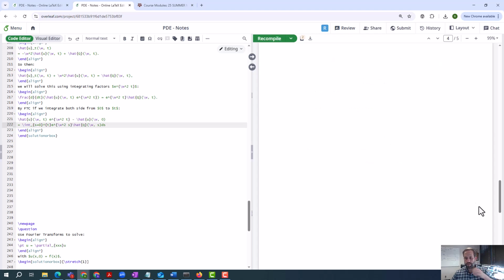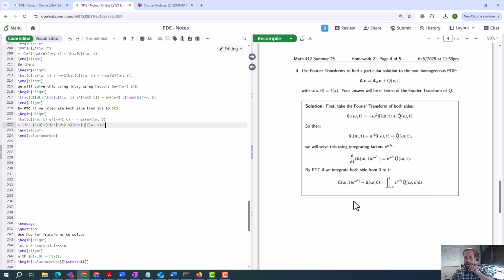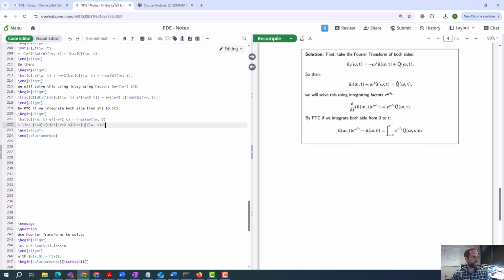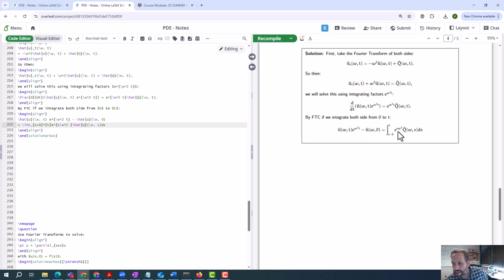Okay, let me see what this looks like. It kind of looks like that's a subscript, so I'm going to write it like that. Just switch the order here.